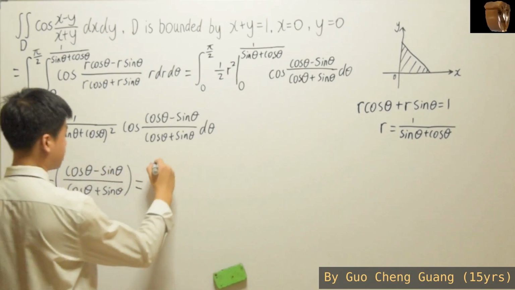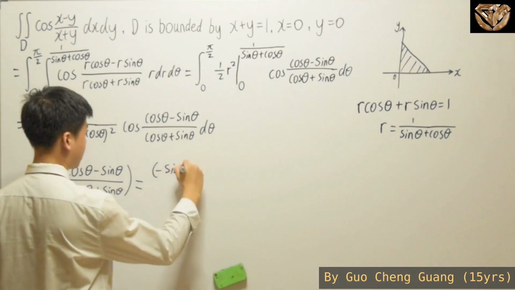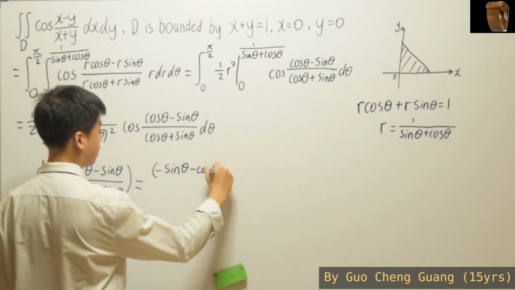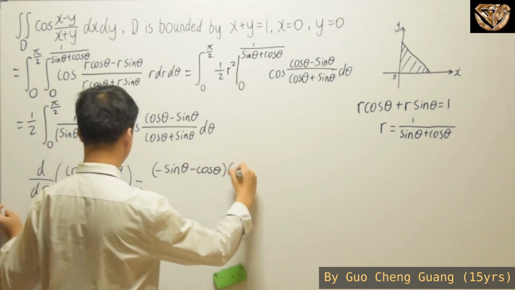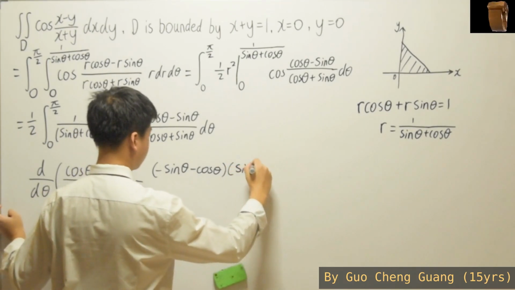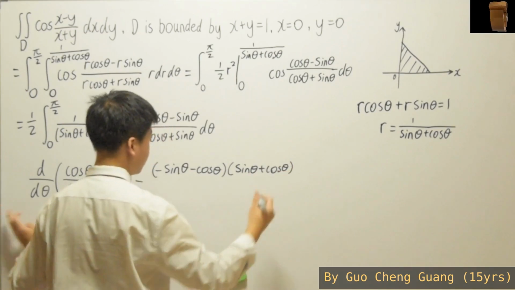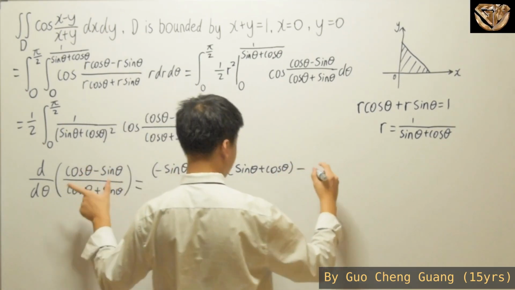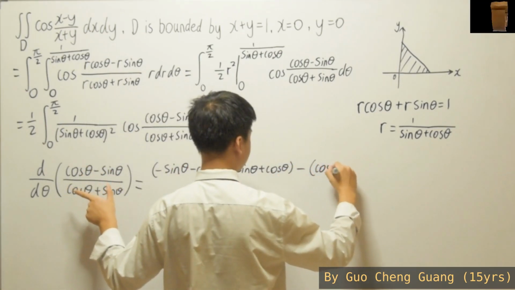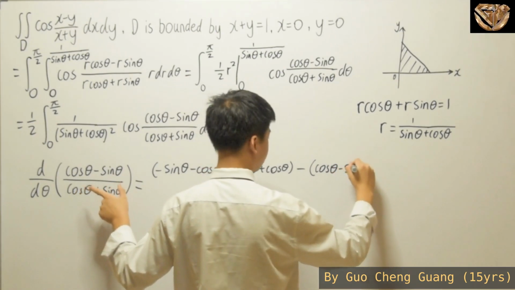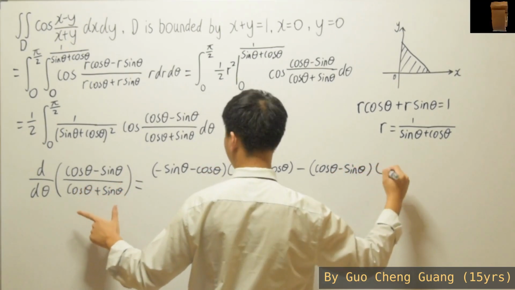You differentiate the numerator, giving negative sine theta minus cosine theta, multiplied by your denominator, which is sine theta plus cosine theta, and then you subtract your numerator, and then you differentiate your denominator.